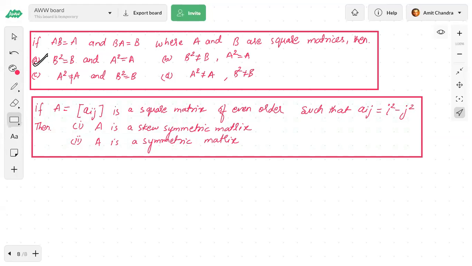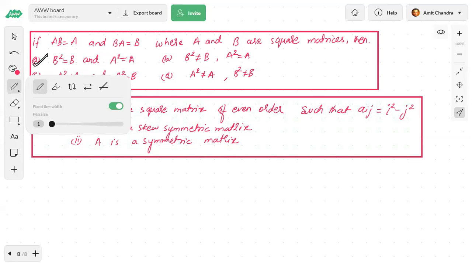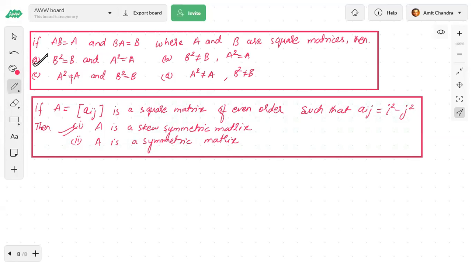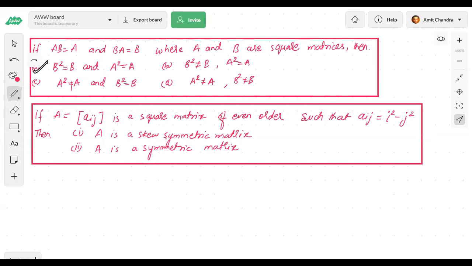Okay, skew symmetric. Yes, it is a skew symmetric matrix. Everyone is getting skew symmetric. So Aij will be equals to i square minus j square, and Aji will be equals to j square minus i square, and also the diagonal elements are all 0, so it will be skew symmetric, right?